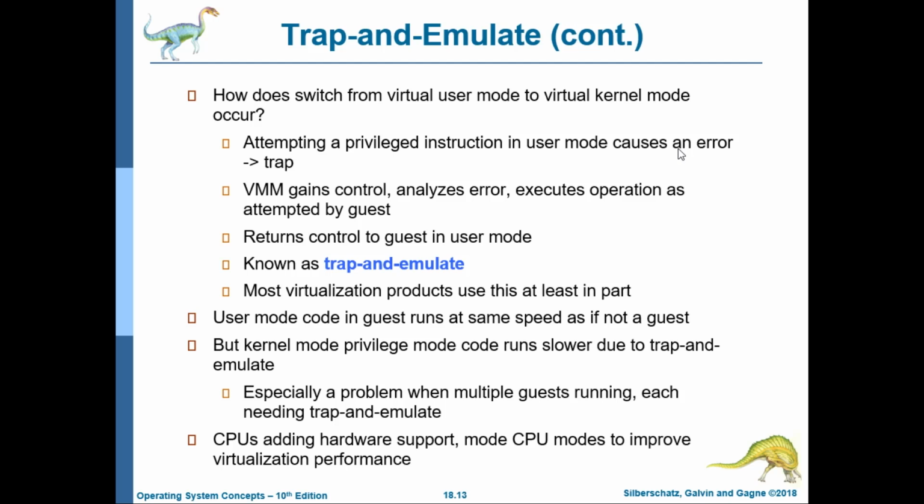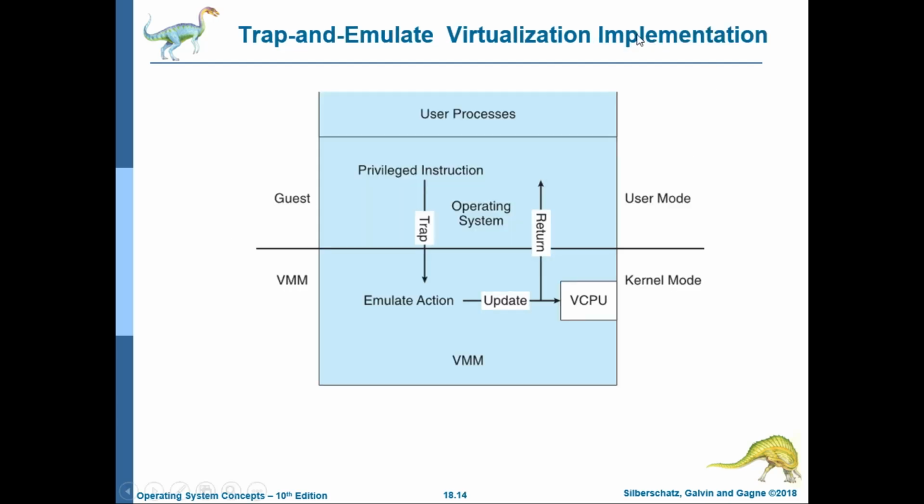CPUs added hardware support, with new CPU modes, to improve virtualization performance. This is an illustration of the trap and emulate virtualization implementation. Here we have the guest operating system, which runs in user mode.